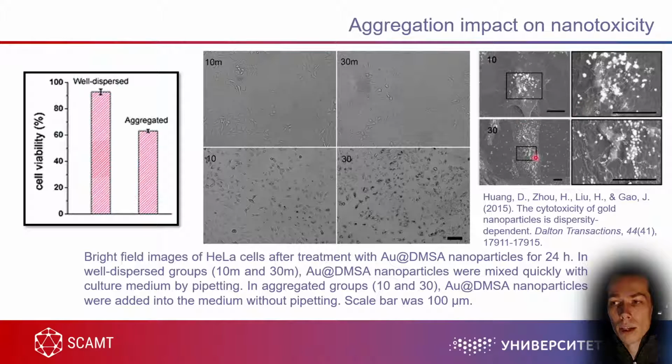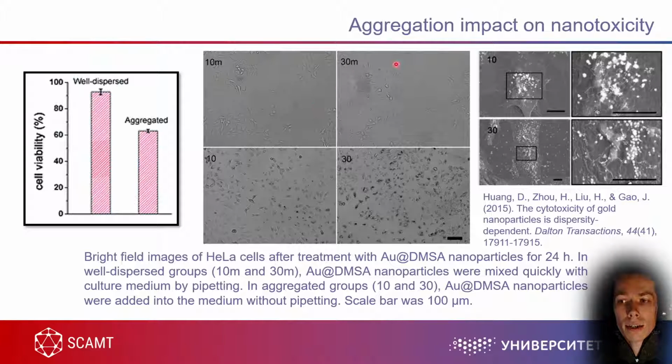So if we are talking about in vitro testing, you always need to bear in mind that if your particles aggregate, they will definitely affect the viability of your cells. So it is better to provide some additional stability by, I don't know, coating with PEG or dextrans or something like this.